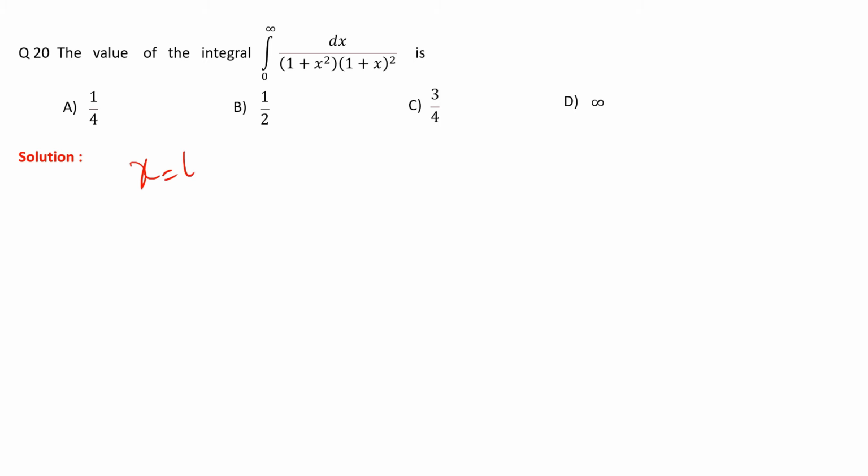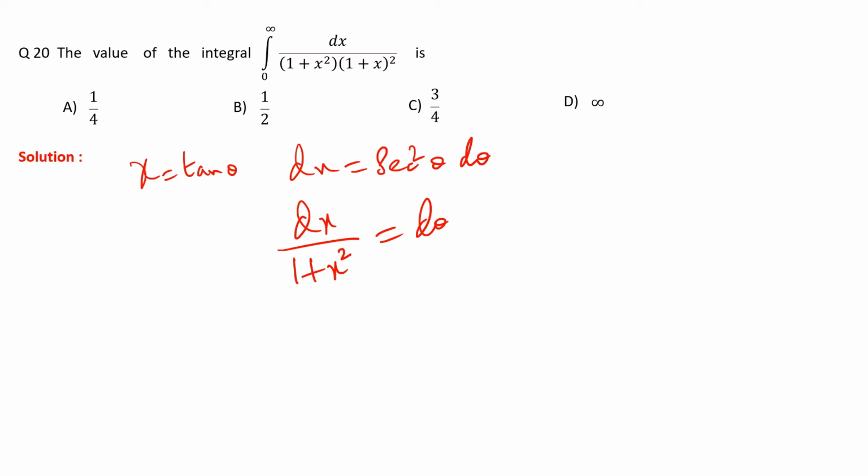Let's put x equal to tan theta. Now when we put x equal to tan theta, then dx becomes secant square theta d theta. So I can write dx upon secant square theta equal to d theta. That means dx upon 1 plus tan square theta, or dx upon 1 plus x square equal to d theta.